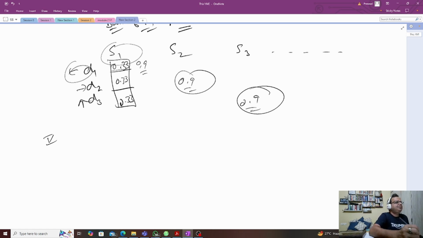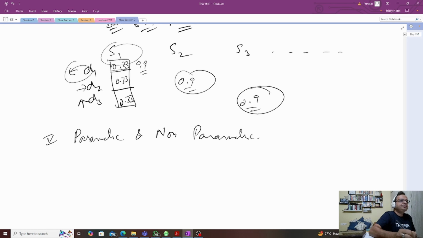There is not a fifth one, but there is another way to look at some of these algorithms: parametric and non-parametric. Parametric is where you need labels, and you need some kind of domain information, and my final output is going to be a function of particular features.